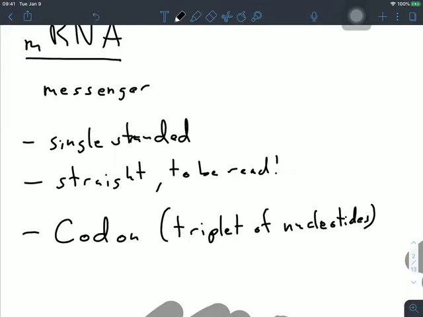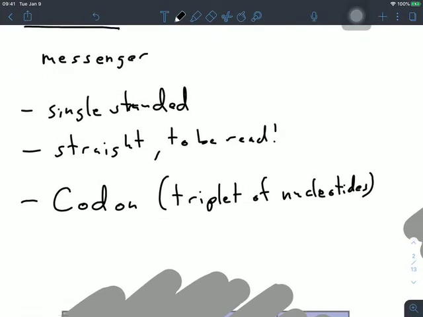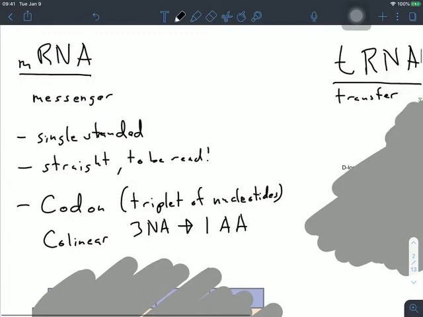And these codons are said to be collinear because 3 nucleotides will always code for a single amino acid. So 3 letters of mRNA will result in the production of 1 amino acid.